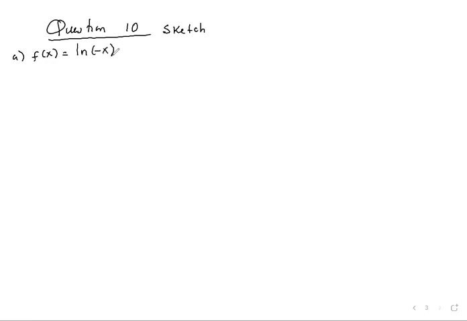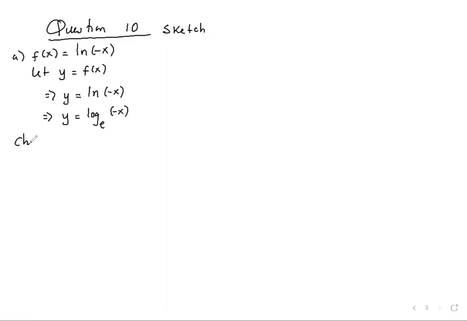Suppose we have forgotten the families. What we do here is we let y be equal to f of x, and then we have y is equal to ln negative x. Now we know that when it is ln, the base is e, and then negative x.